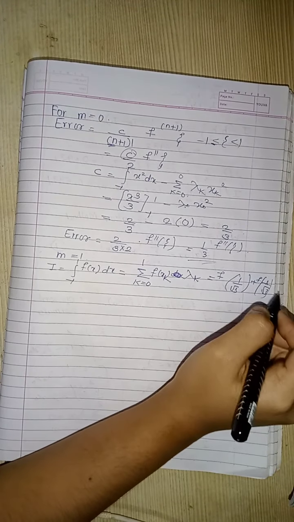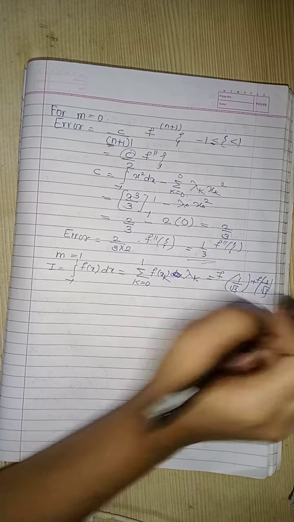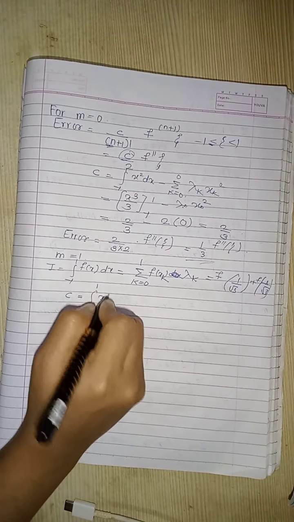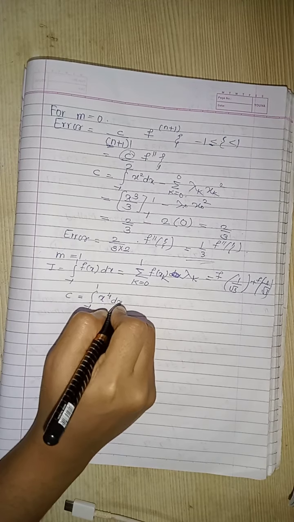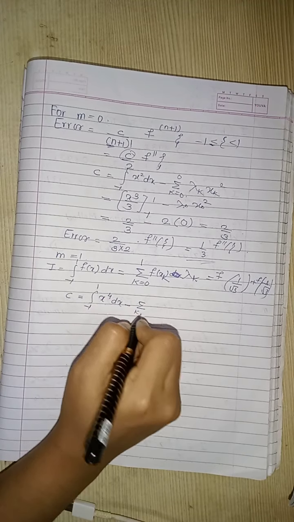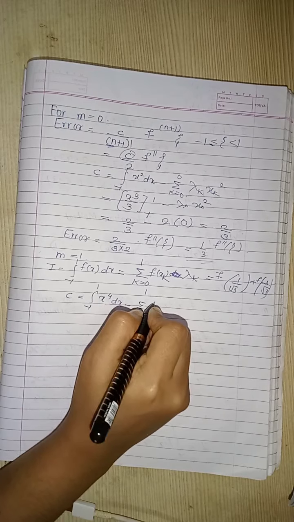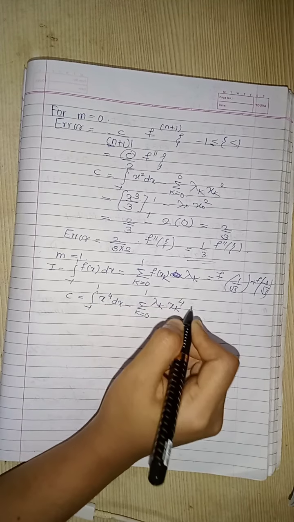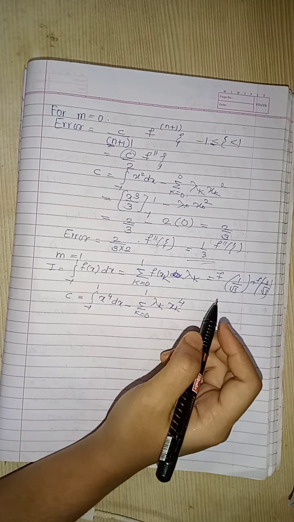We had calculated this in the previous part. So C is nothing but the integral from minus 1 to 1 of x raised to 4 dx minus summation k running from 0 to 1 of lambda k xk raised to 4.